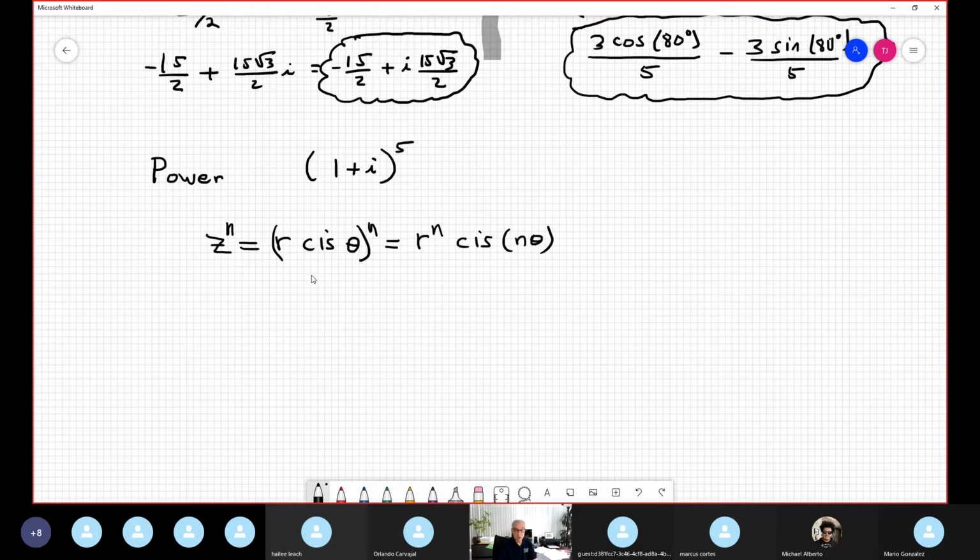Well, the first thing you should do is convert this complex number to polar form. This is easy because I see that x is 1 and y is 1. So the radius is the square root of x squared plus y squared, which is radical 2.